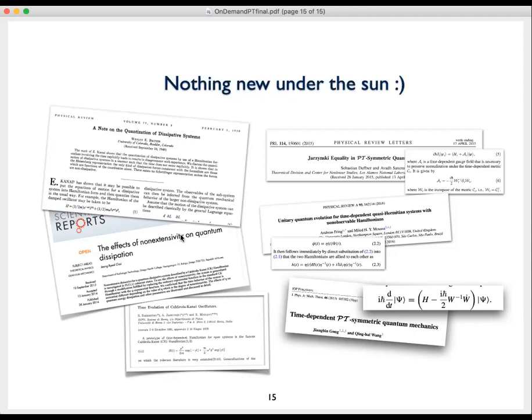In such dissipative systems, we know from 90 years ago, Bateman and later Feshbach rediscovered, that you can describe the dissipative system in terms of Hamiltonian dynamics, because you add the environment to the dissipative system.